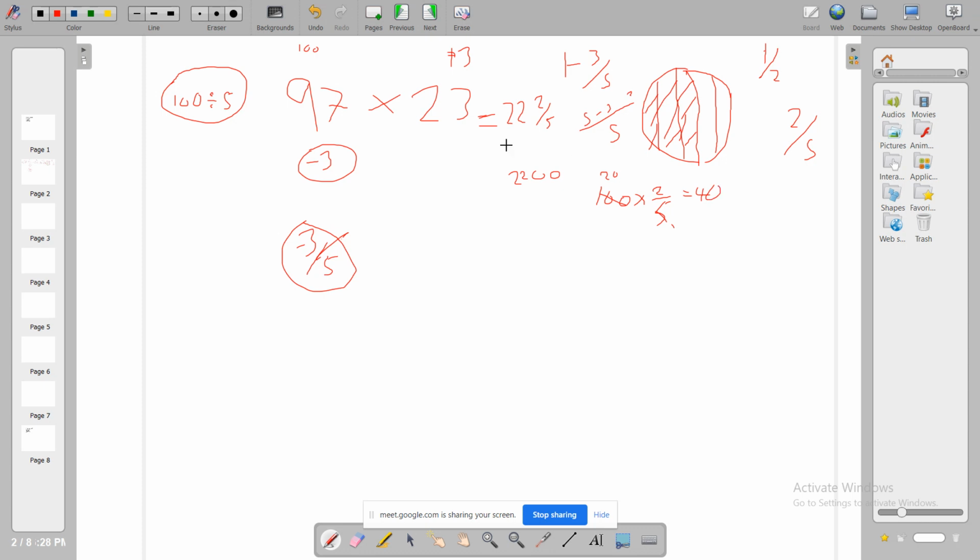The 40 will be added to this. Let me calm down here. I'm writing it down so that you get it. So 2,200 plus 40, which will give us what? Who can tell me? Which will be 2 what?